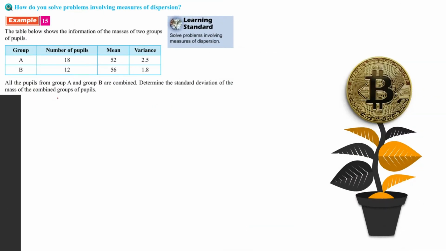Now the standard deviation. Okay, so for standard deviation we put the formula here. Total x square over n minus mean square.